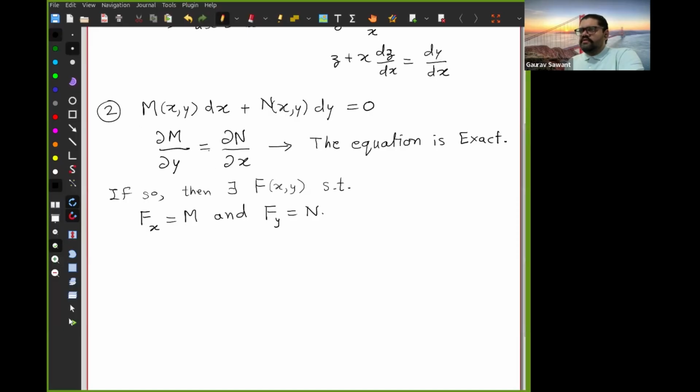Essentially, the above equality of partial derivatives simply follows from the independence of order in second derivatives. So this thing is actually the same as F_xy equal to F_yx.